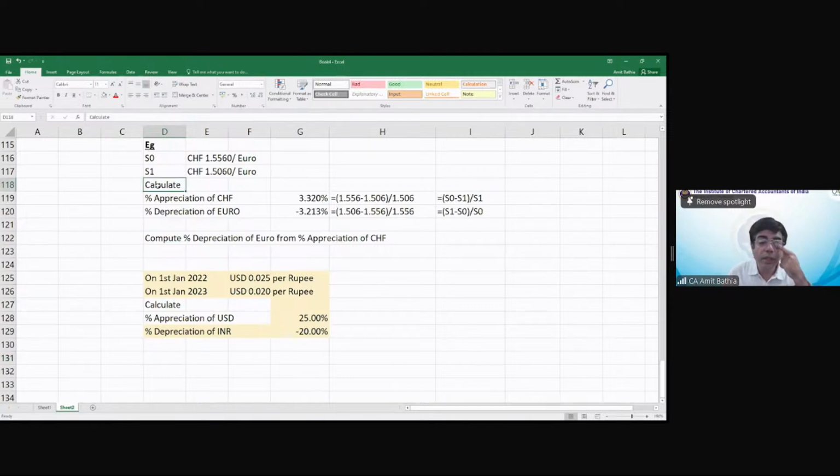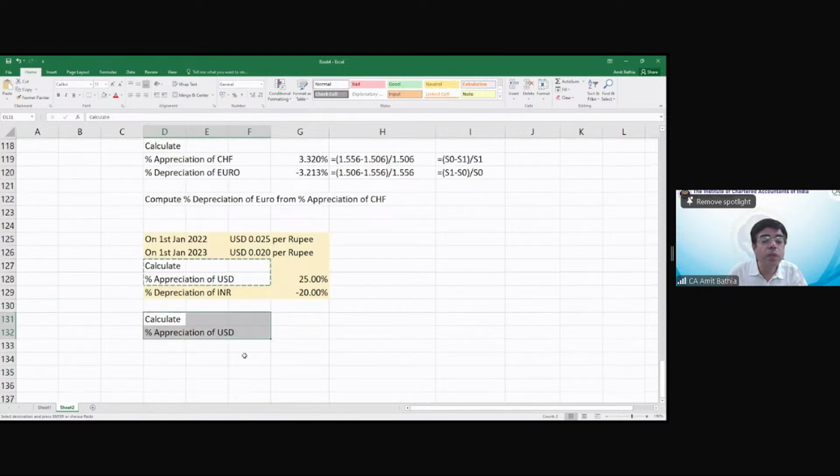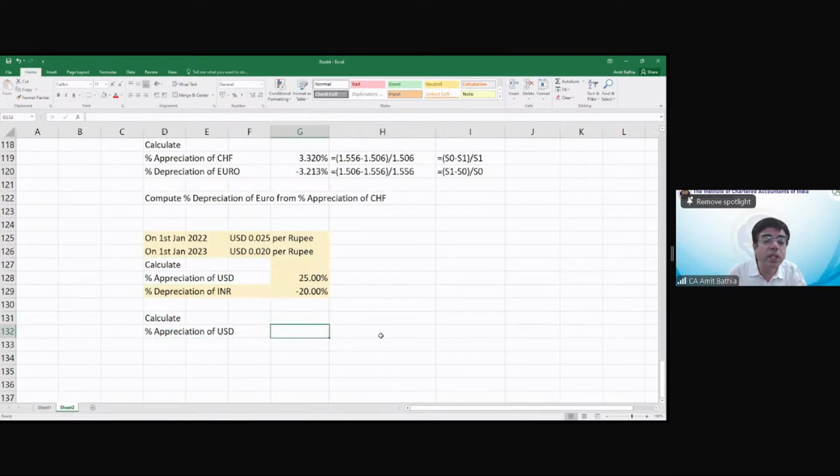So let us calculate. Calculate percentage appreciation of USD from percentage depreciation of INR. So you don't know 25%, okay? This is not available to you.